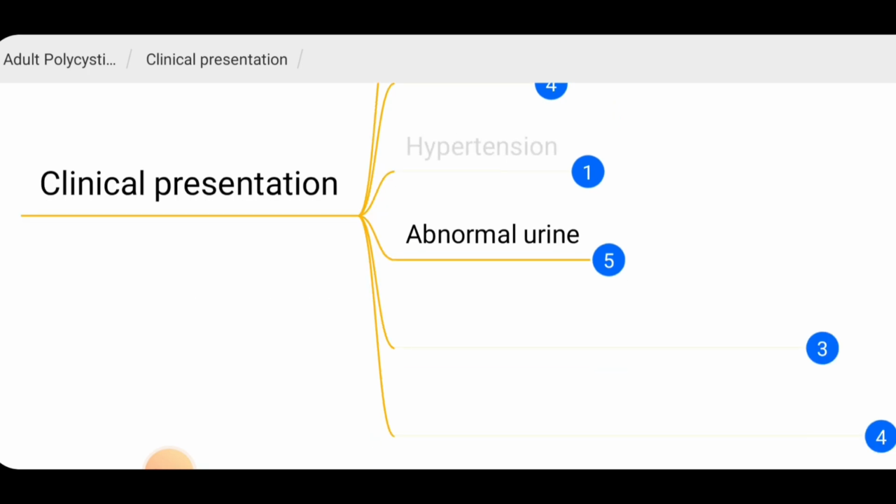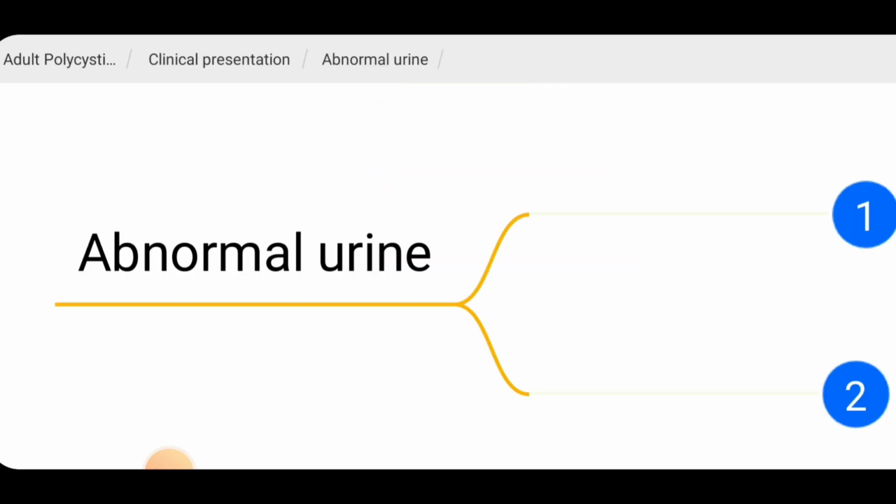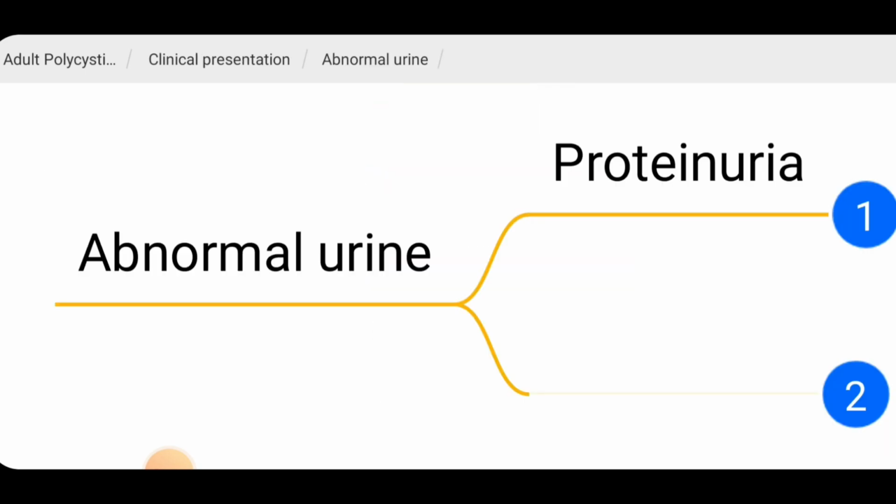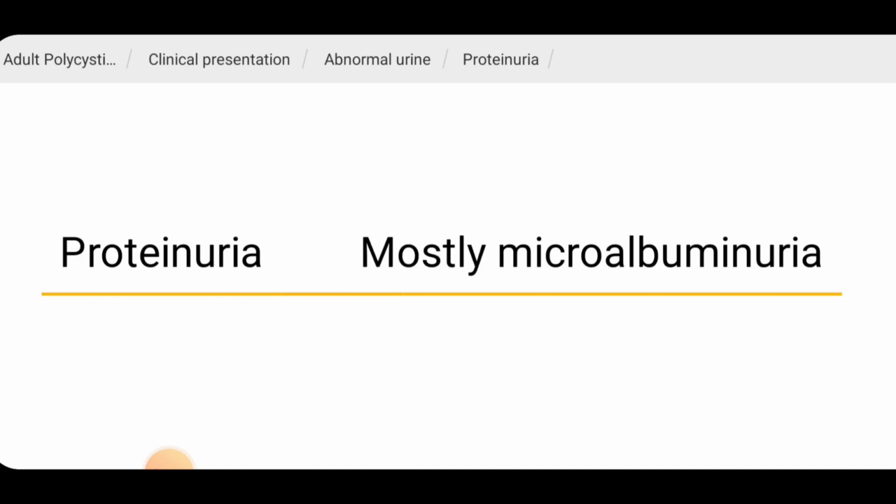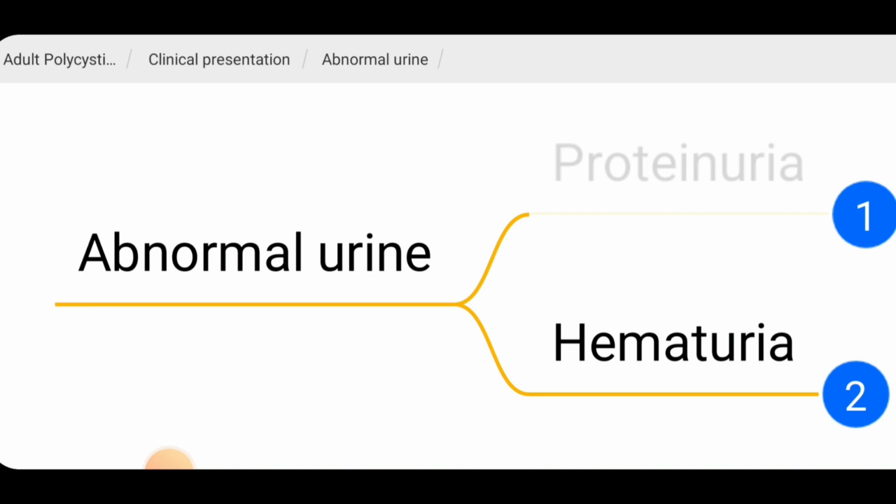They can also present with abnormal urine. What are the abnormalities in urine they can present with? One is proteinuria. This proteinuria is mostly microalbuminuria, where they pass less than 300 milligrams of albumin per day. They also can present with hematuria, where there is blood in urine.